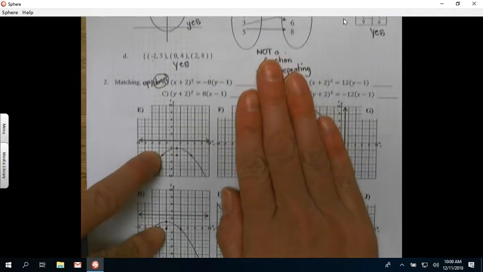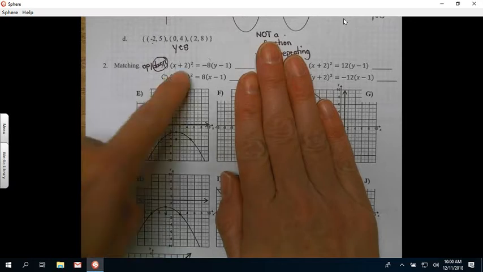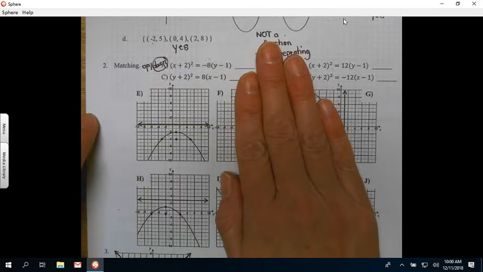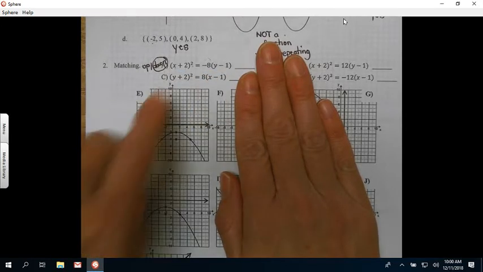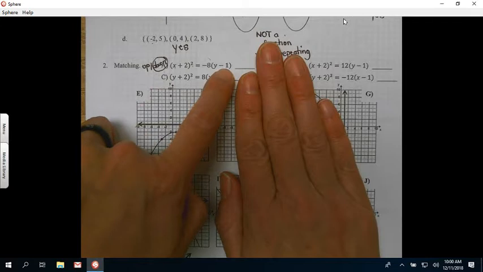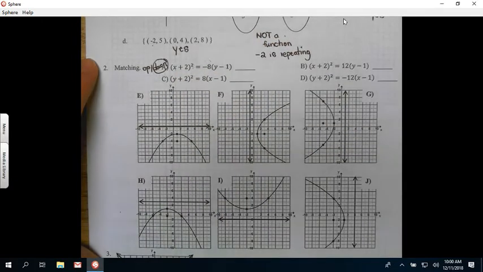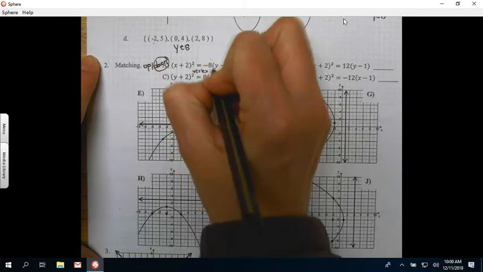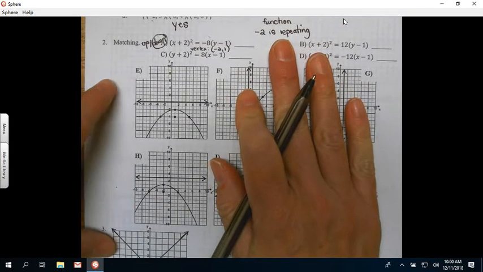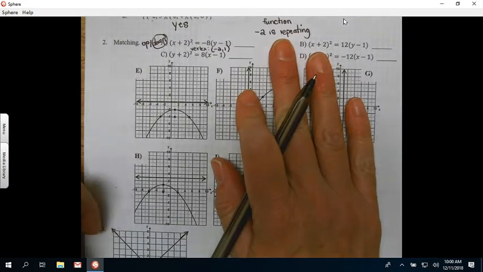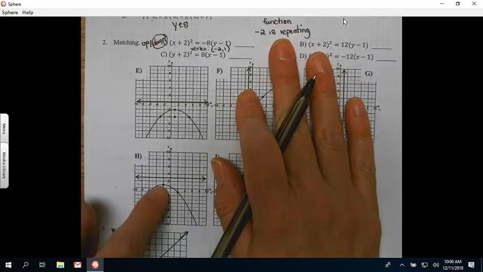Well, when I look at this form, it is a modified vertex form. This is still h and this is still k. Insiders lie. So my vertex on this one becomes -2, 1. So of these two that I was left looking at, which of them has a vertex of -2, 1?